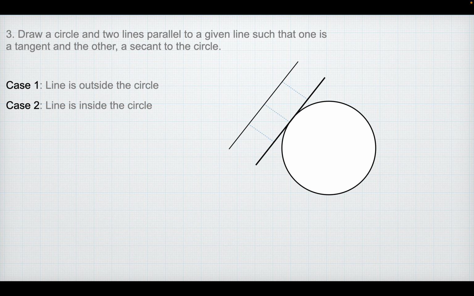I connect the endpoints of these two lines. Okay, so this line is going to be parallel to it. Why? Because all these lines are perpendicular to the line outside the circle, and you know that between two parallel lines the distance is always constant, so that makes my job easy.